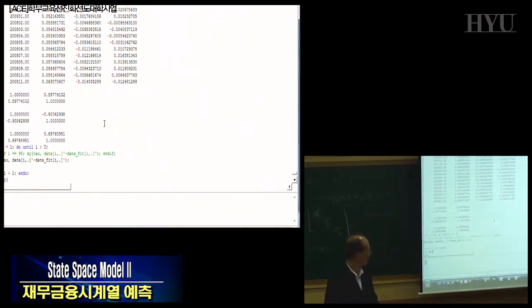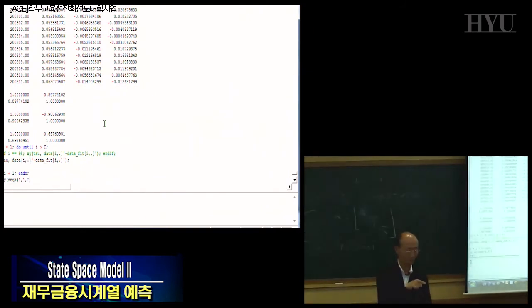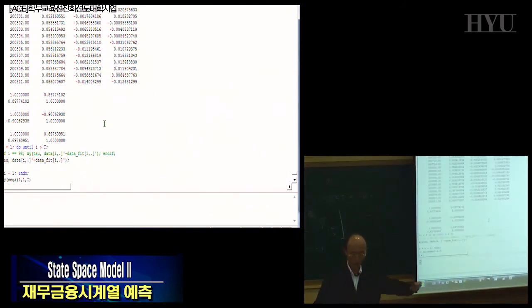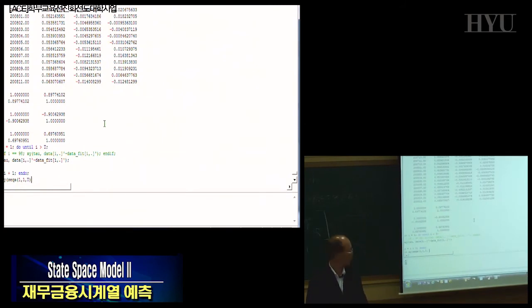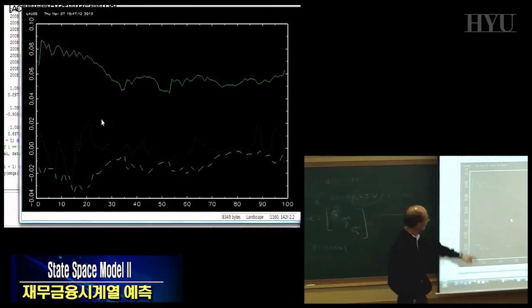I use the xy function. I generate a sequence, so it's x-axis 1, 1, t. T is 99, right? So you start from 1, increment by 1 up to 99. So 1 through 99 is created, and you see data 10, so 3 series. First one.